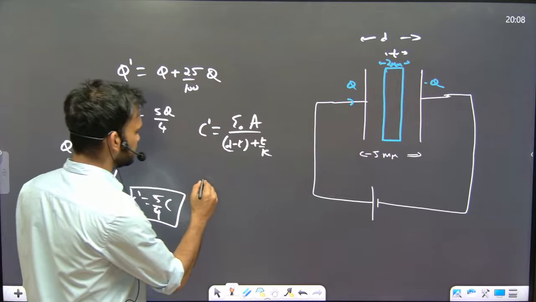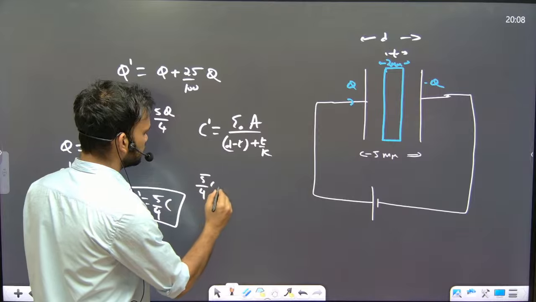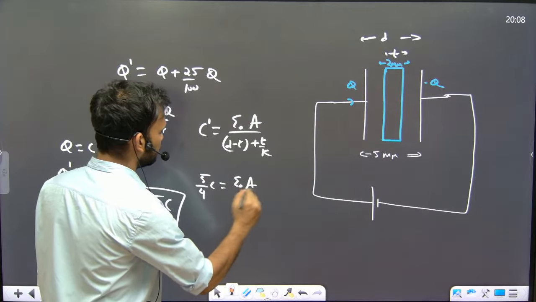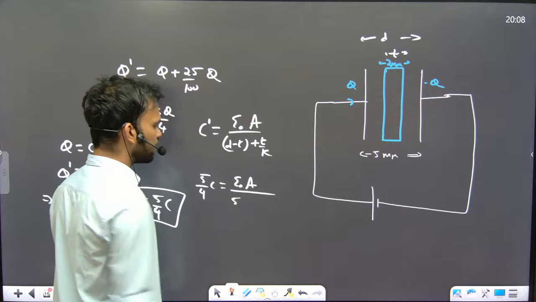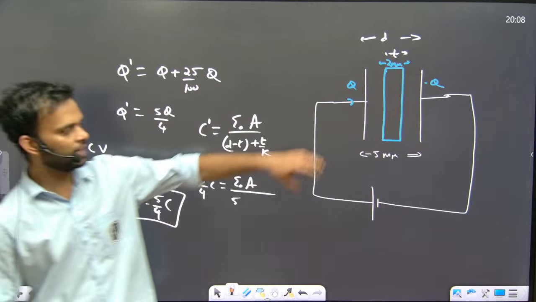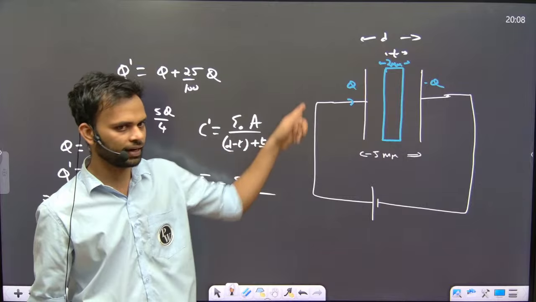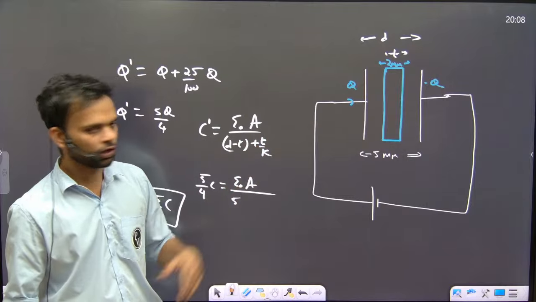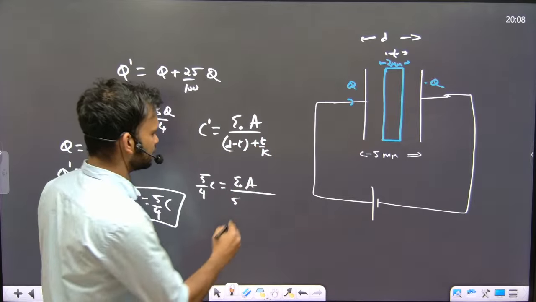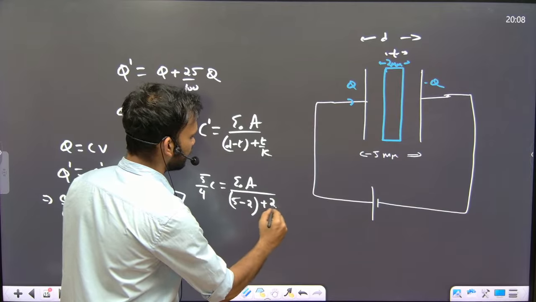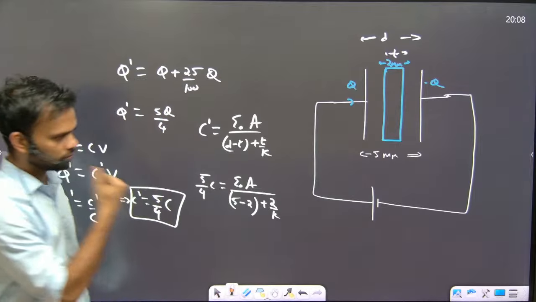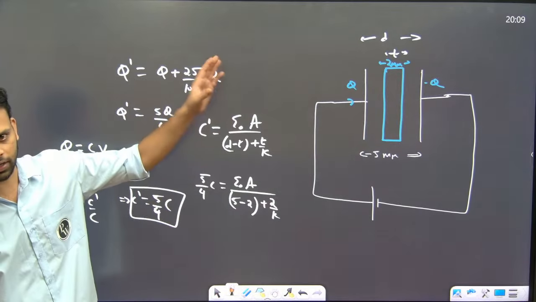So C dash, 5 by 4 C, is equal to epsilon naught A divided by, d is 5. I'm not converting units here. The units are in millimeters. No need to convert because we are comparing the two. So it is 5 minus t, which is 2, plus 2 by K. What is C now? C is the capacitance without dielectric.